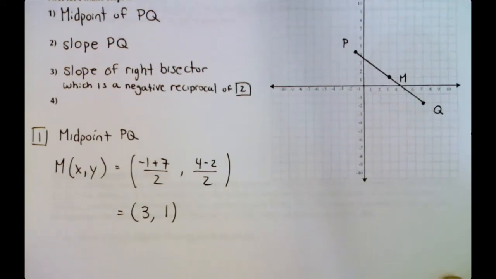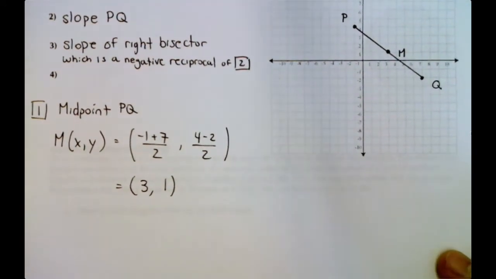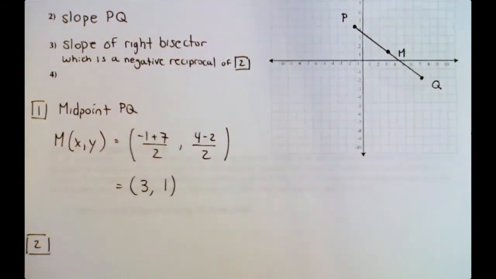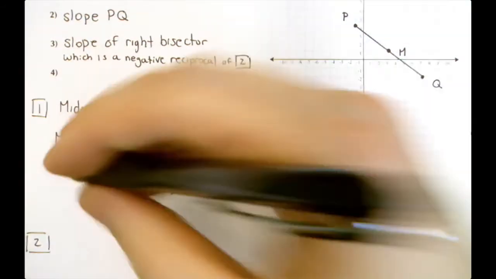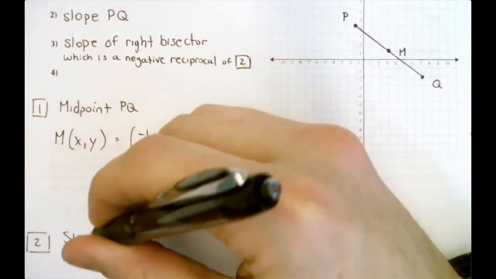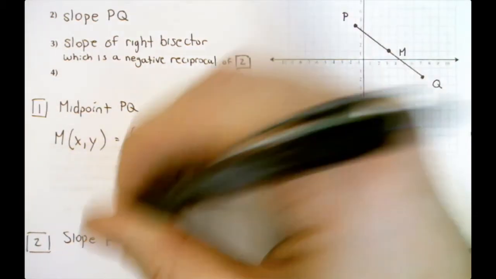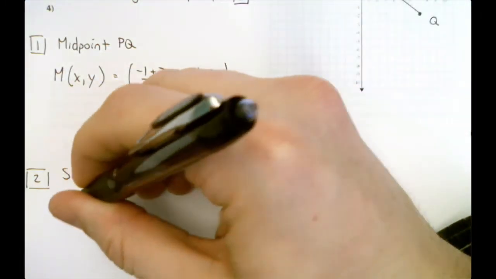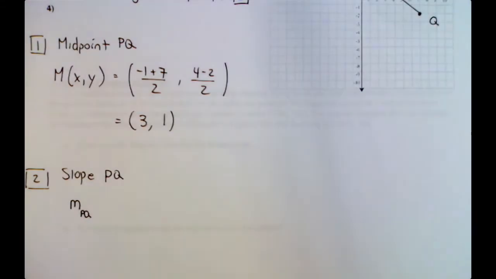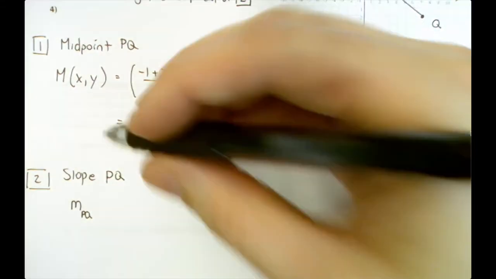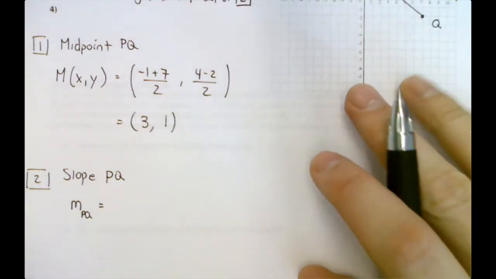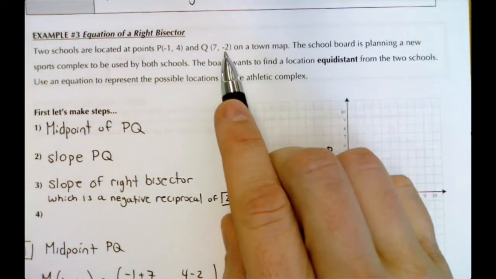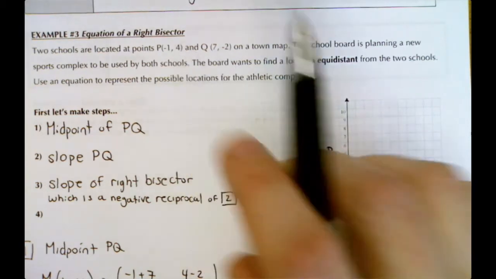So let's find the slope of PQ. To find slope, that would be little m. And I'm going to put PQ here so we know that this is the slope of PQ. It's y2 minus y1. So using my points, y2 is negative 2, y1 is 4.